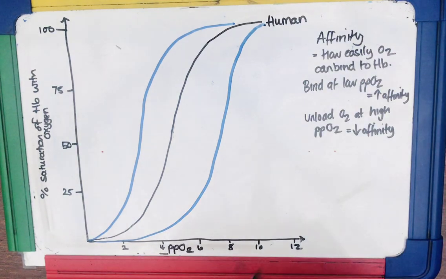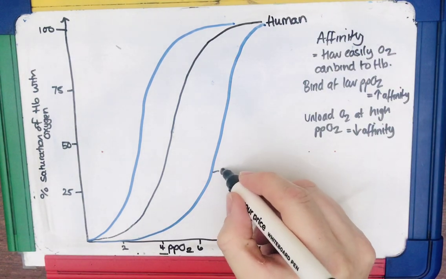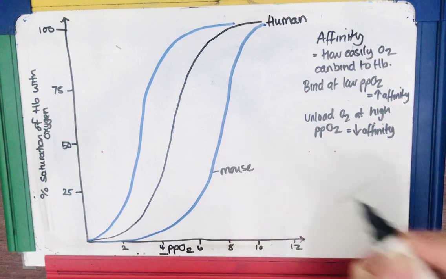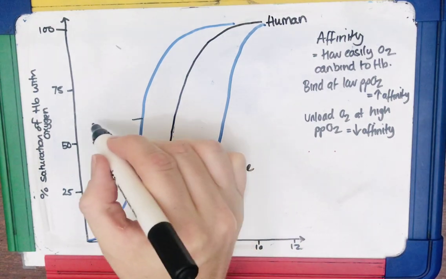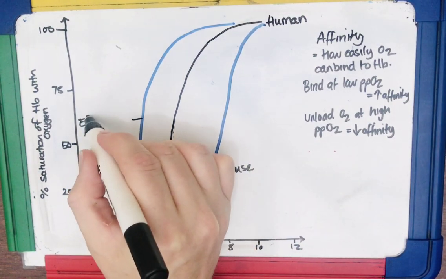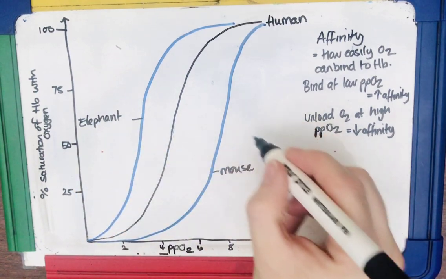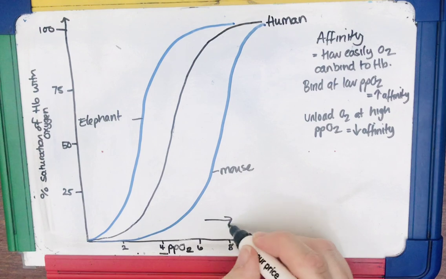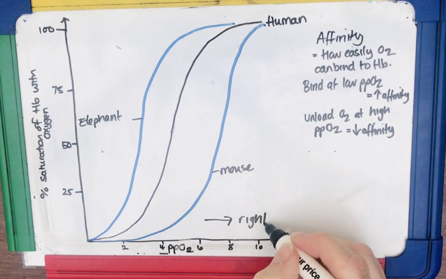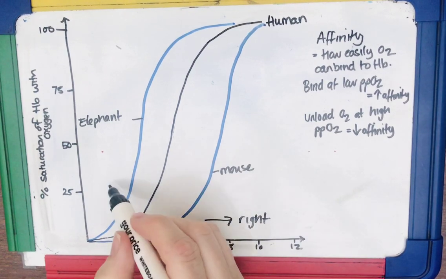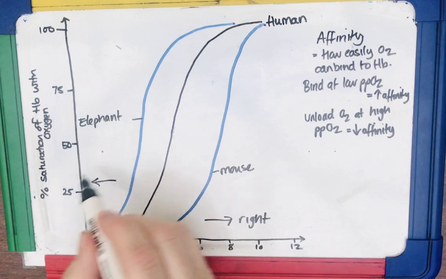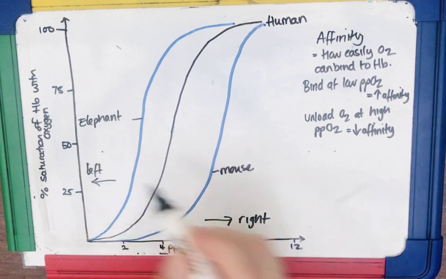Okay, so we're going to say that this one is a mouse dissociation curve, and this one is an elephant dissociation curve. Now one has moved to the right, shifted the curve to the right. The other one has shifted to the left.